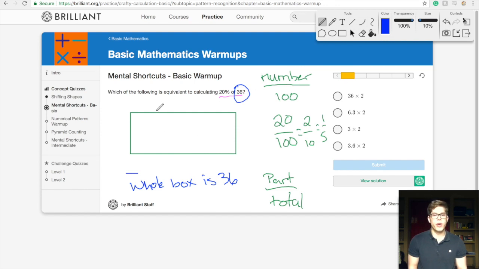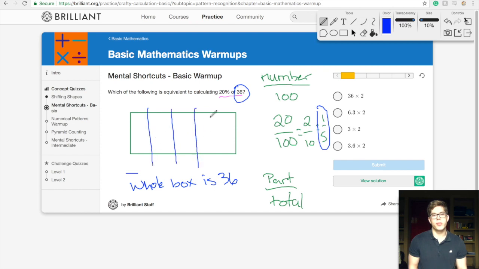Well, the whole box is 36. 20% is equivalent to 1/5. So if we cut the box up into 5 pieces, 2 pieces, 3 pieces, 4 pieces, 5 pieces, 20% would just be one of these pieces. It's 1 out of 5.